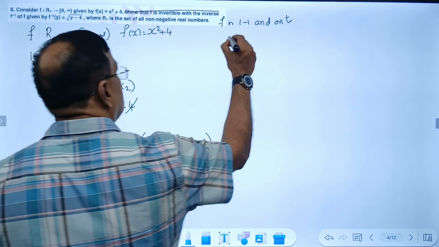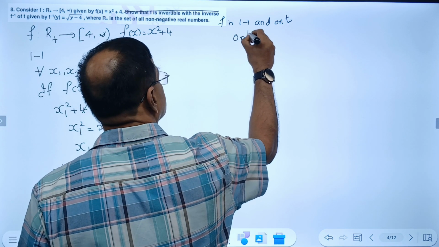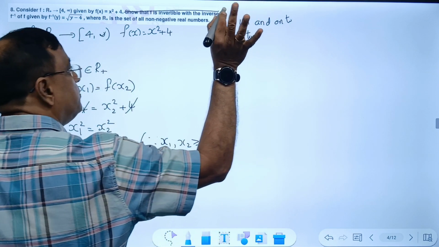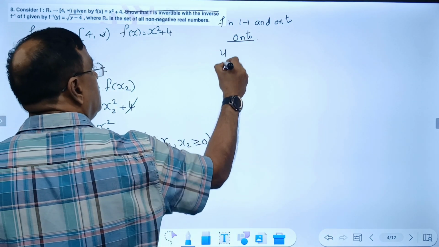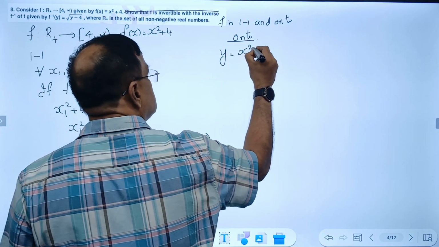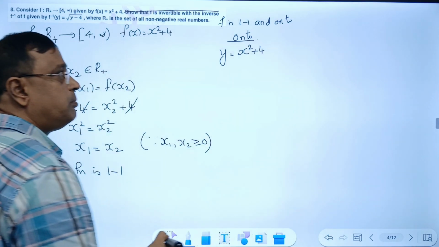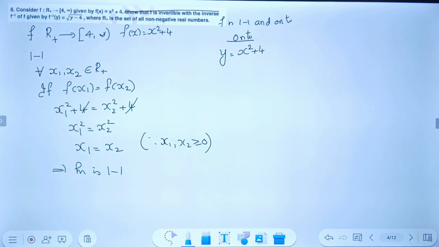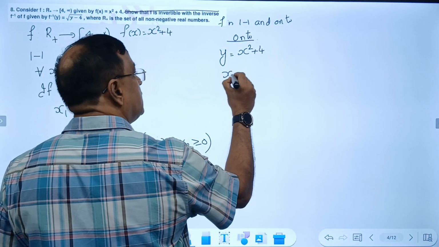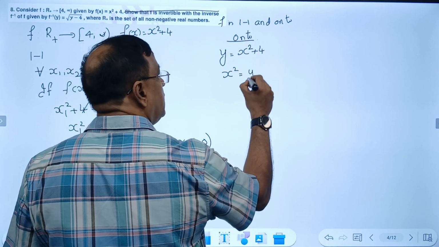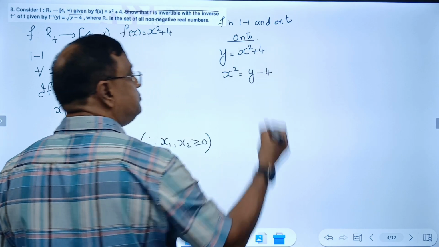Now how do I check for onto? Onto is very simple. You have y equal to x square plus 4. Like the previous problem, my job is to find x in terms of y. So what is x square equal to? y minus 4.